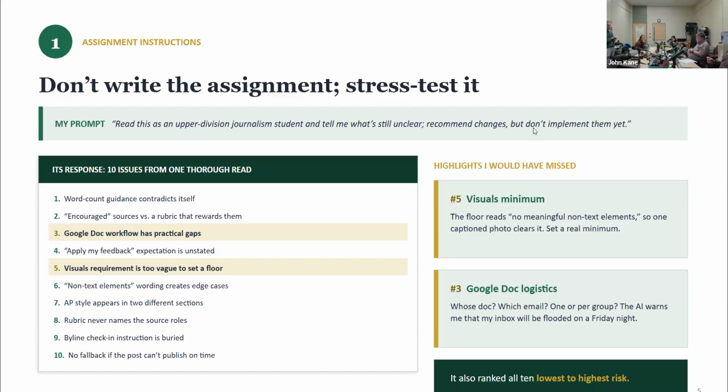So if I say to it, evaluate this like somebody who just came in out of the street and read my assignment instruction, it's going to say, well, you didn't define what AP style means. Well, okay, but an upper division journalism student naturally knows that those kinds of terms would be known. But there is a risk there because, again, I only have this in the context of journalism and broadcasting where it does seem to have an idea of what is advanced versus basic knowledge. Other forms of knowledge, it might not be as well attuned in that way.